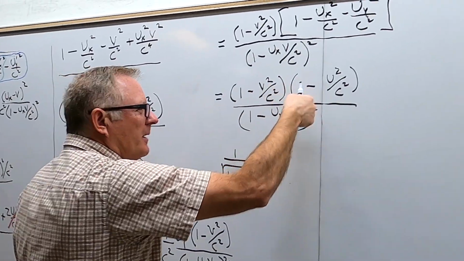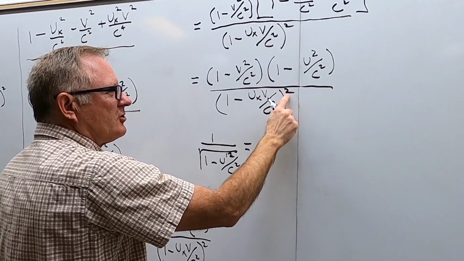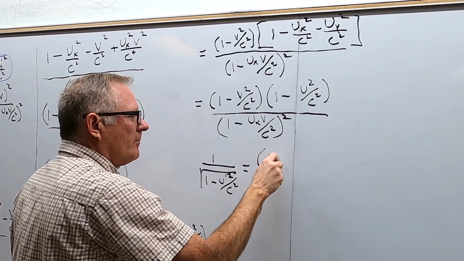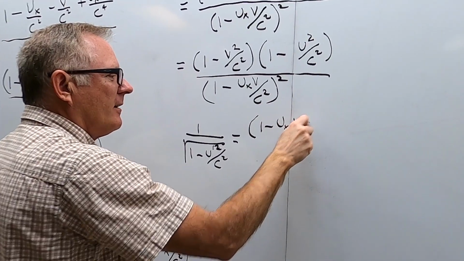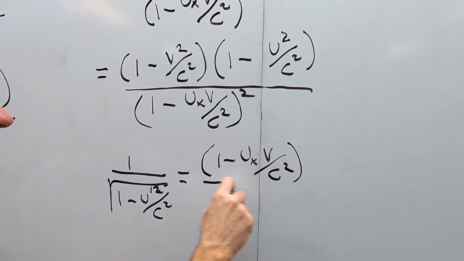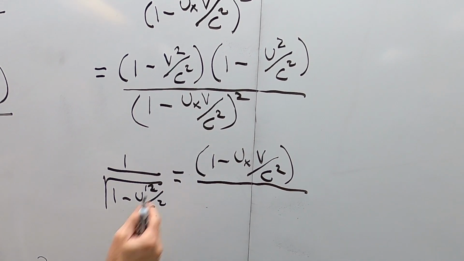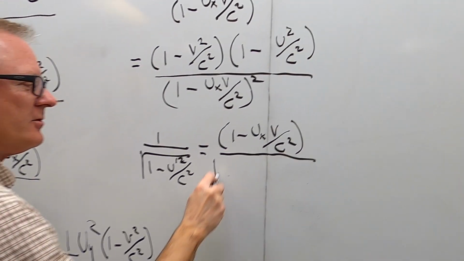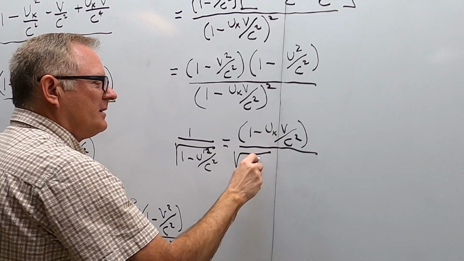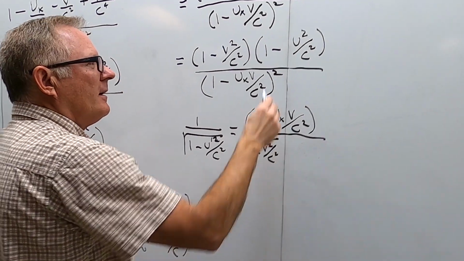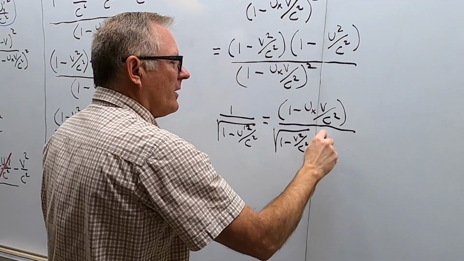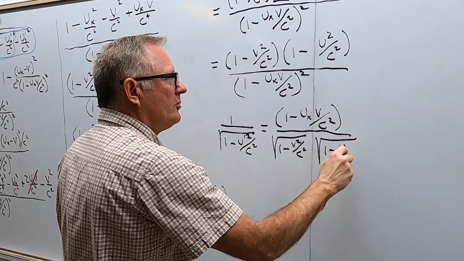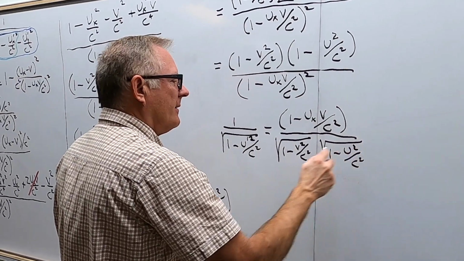If we flip it and take the square root, this one isn't squared anymore, so that's just 1 minus uxv all over c squared. And then these two come to the bottom and they become the square root. So it's the square root of 1 minus v squared over c squared times the square root of 1 minus u squared over c squared.